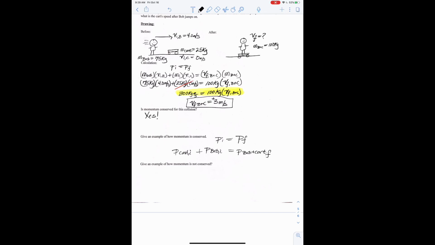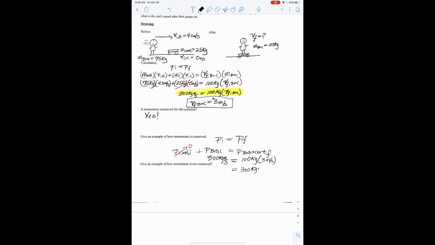So if I add in the values here, this one is going to be 0, and this one is going to be 300. We can see that from up above in the yellow highlighted part. And the momentum of Bob plus the cart is going to be 100 kilograms, their total mass, times their final velocity, which is 3 meters per second. And this is going to equal 300 as well.